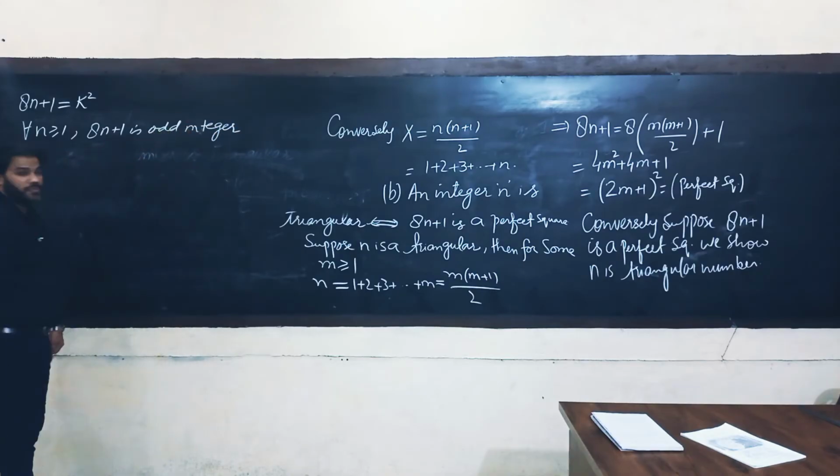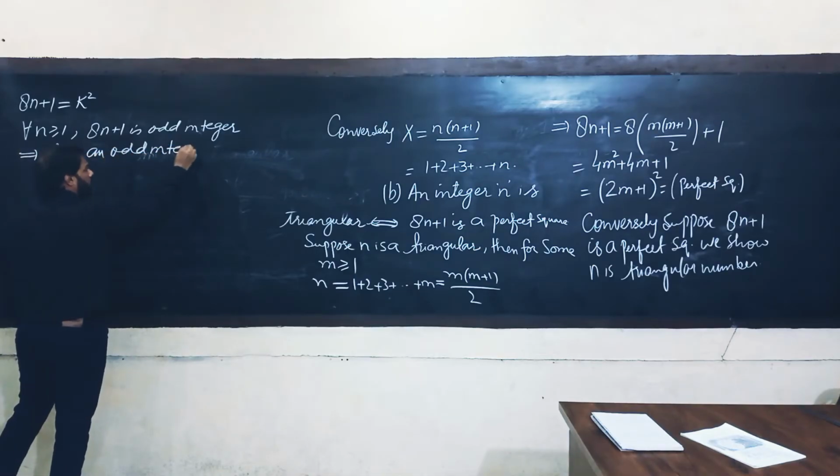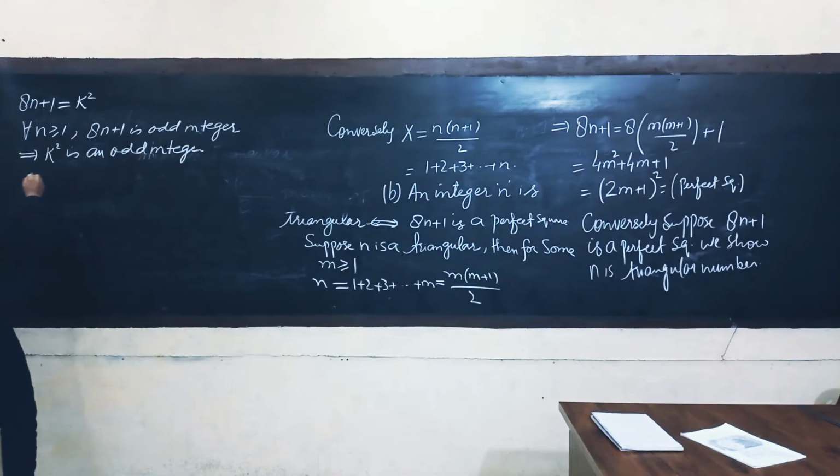It means the right side, k square, is an odd integer. If k square is odd, it implies k is odd.